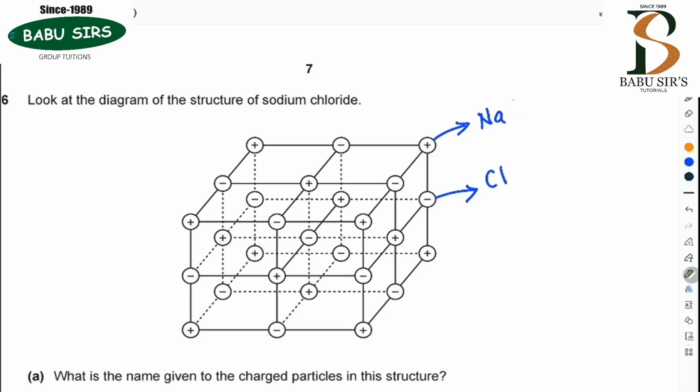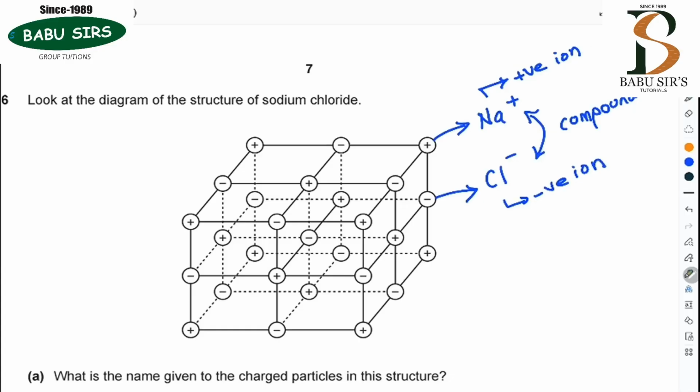Now they have joined and formed a compound. Na is plus, so it is called a positive ion. And Cl is minus, so it is called a negative ion.